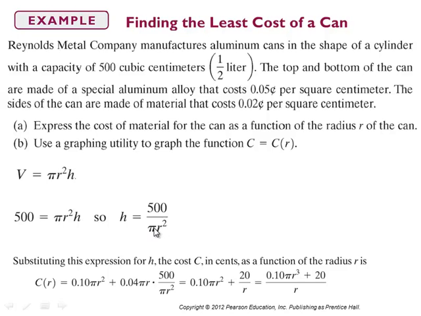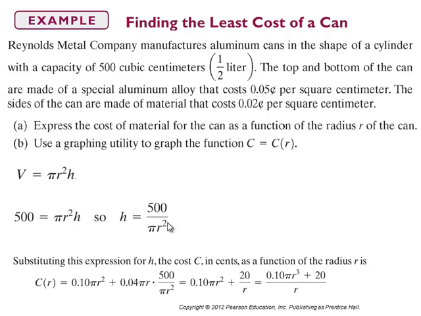Square it times pi, take 500, divide by that, and then you can plug in that value for h. Actually, the volume would be 500, wouldn't it be? That's true, because that was a constraint. So now you know the volume. You can calculate the lateral surface area because you can solve for h. And you know what r is. r is 3.17.